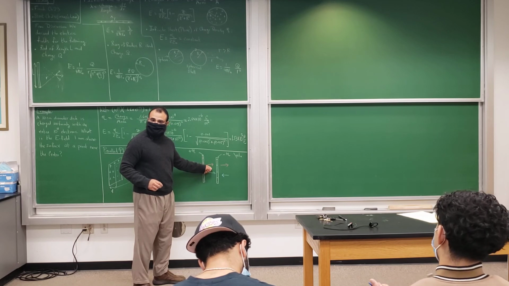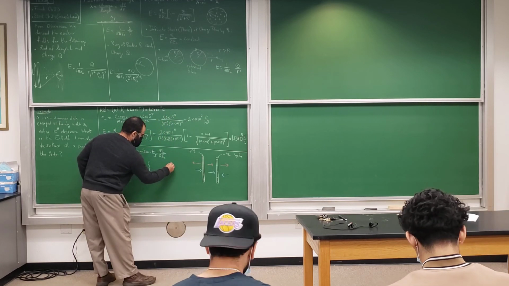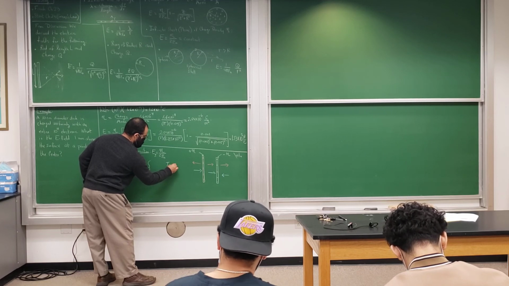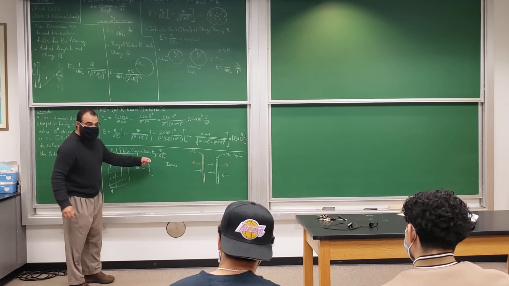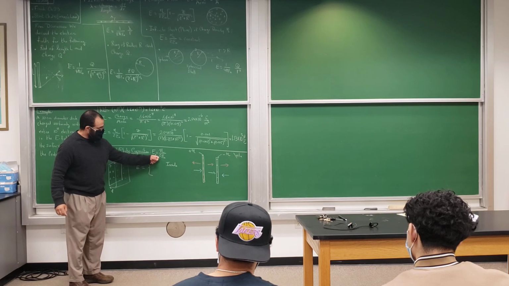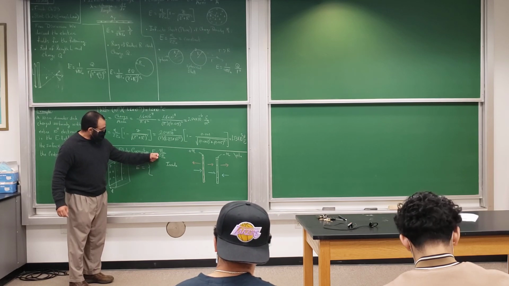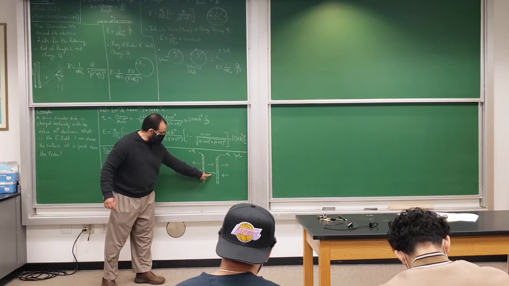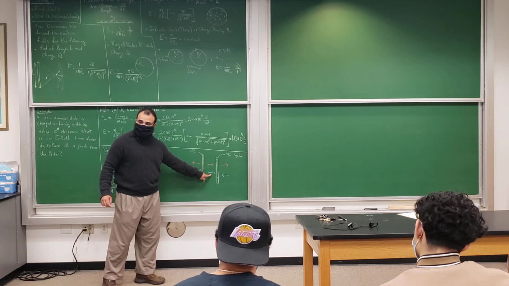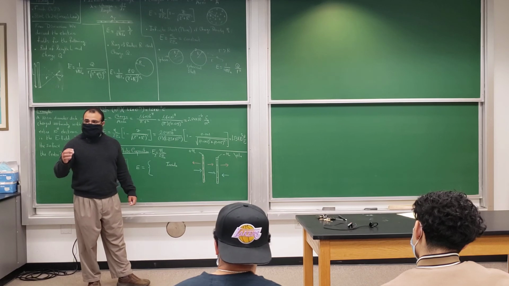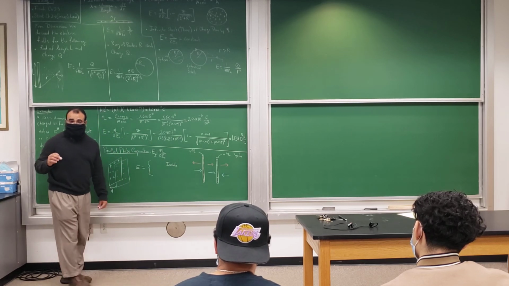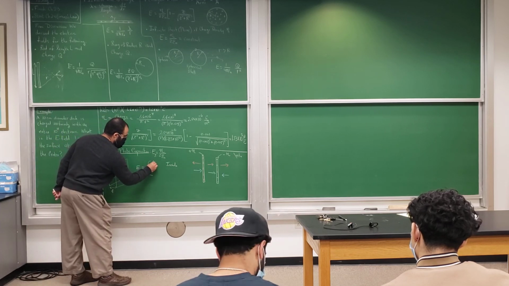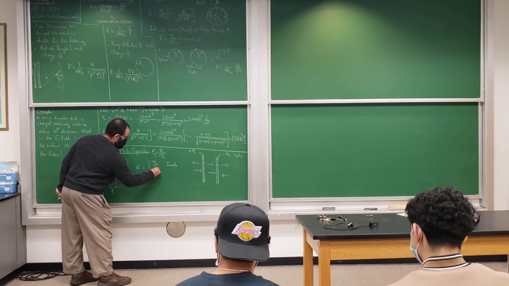How much is the electric field inside? You get a contribution of eta over 2 epsilon naught from this one, and another eta over 2 epsilon naught from the other. Add them together, and the total is eta over epsilon naught.